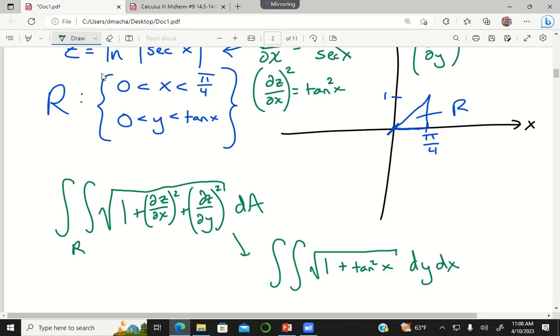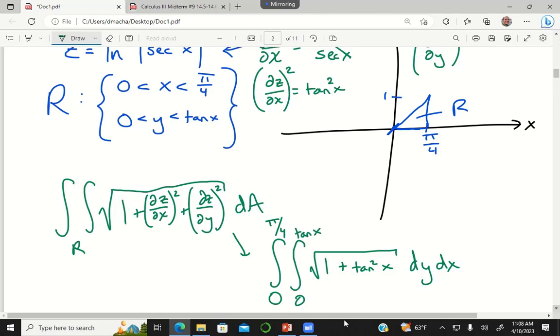I say that because I want x to be my outside integral, because that way I can just use these constants for my bounds, 0 and pi over 4. Remember, only the outside integral, you're guaranteed to be able to use just constant numbers for your bounds every time. And for my inside integral, it's okay if my bounds are a function of x. So for my inside integral, I can use the bounds 0 and tangent x.